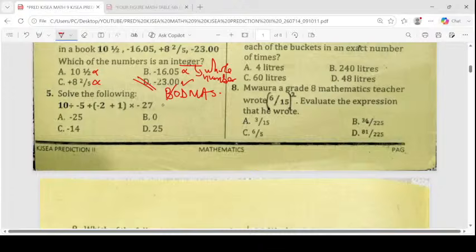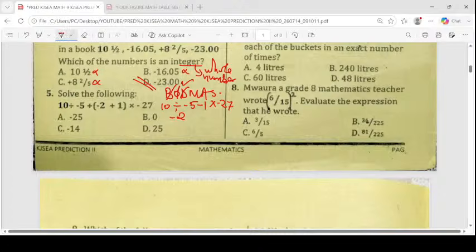So this will be 10 divided by negative 5, then negative 2 plus 1, that is negative 1, then times negative 27. Then division: 10 divided by negative 5 is now negative 2.